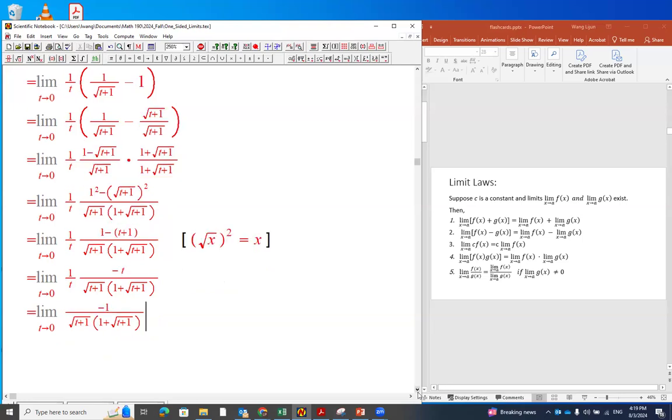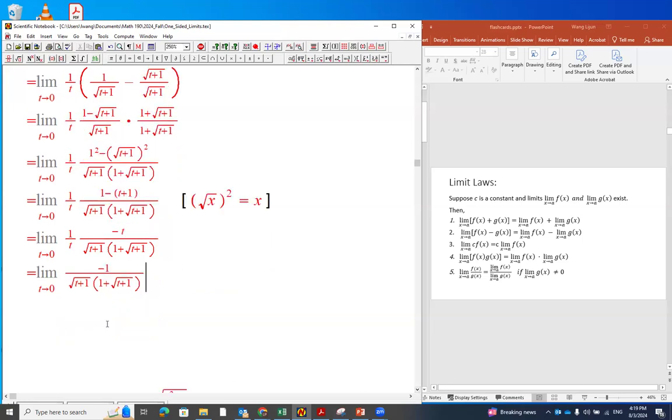Can we apply limit law now? The answer is yes, we can apply limit law now, because there is no concern about limits, no concern of 0 denominator, and every individual limit we are going to take exists.